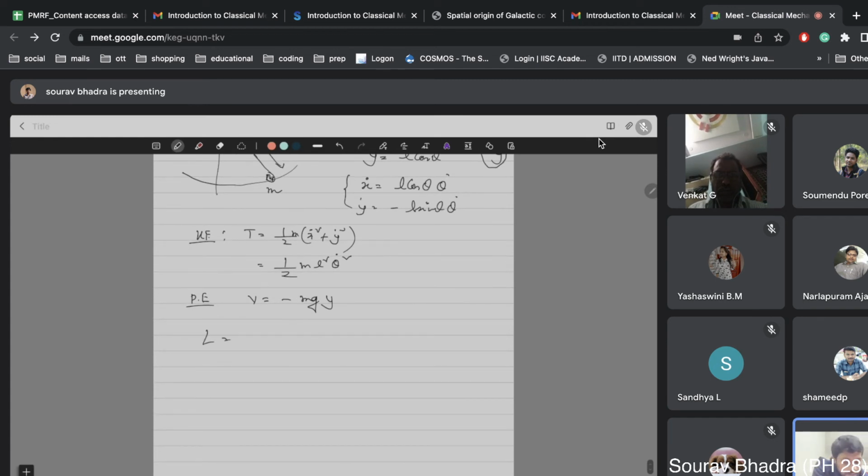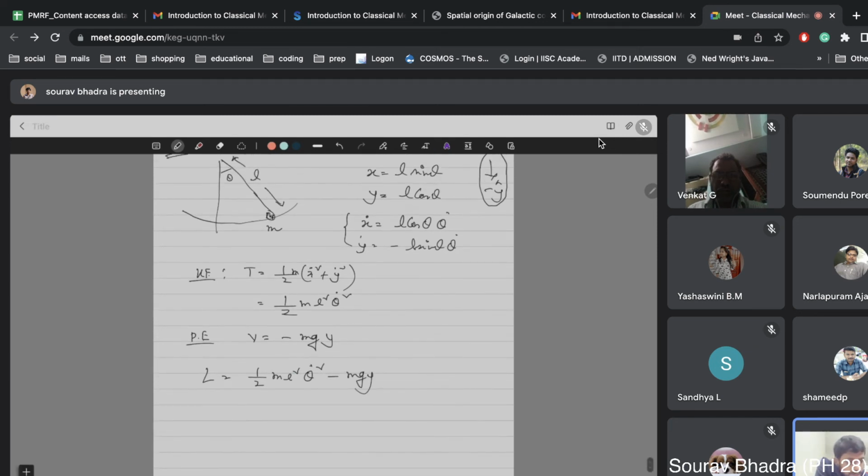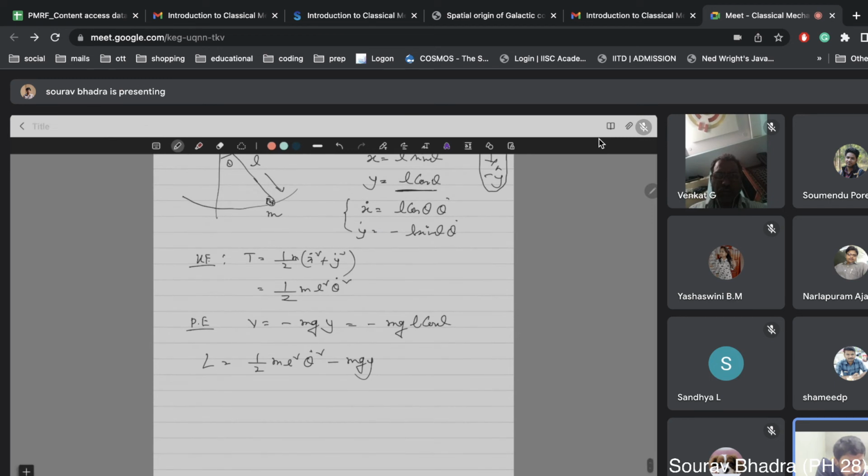So L is half m L squared theta dot squared minus mgy. As y is L cos theta, putting it in gives half m L squared theta dot squared plus mg L cos theta.